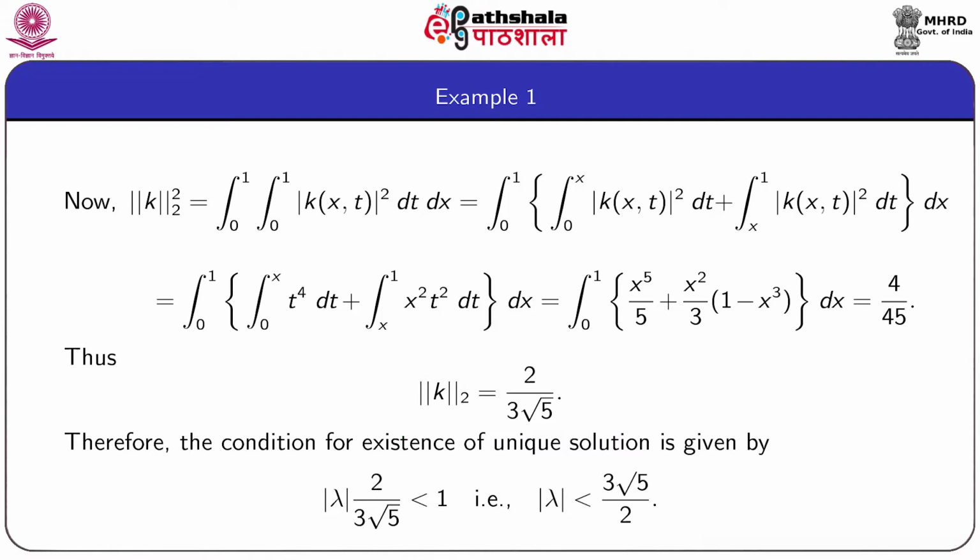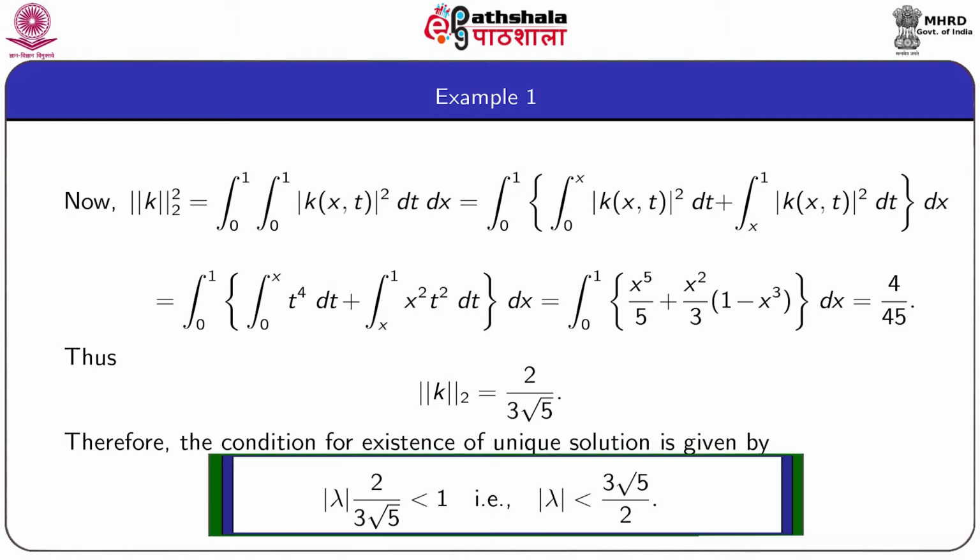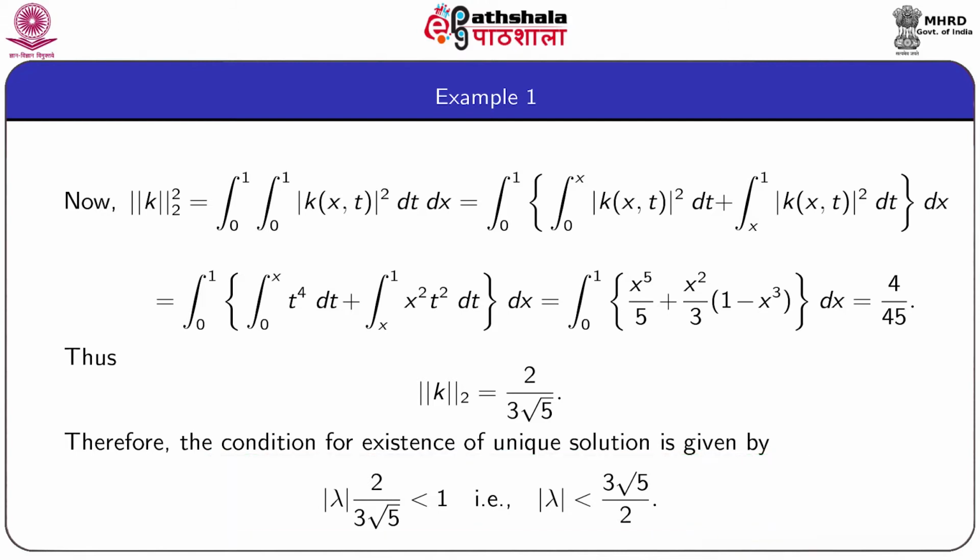Therefore, the condition for existence of unique solution is given by |lambda| into norm of k2, that is |lambda| into 2 by 3 root 5 should be less than 1, that is lambda should be less than 3 root 5 by 2.